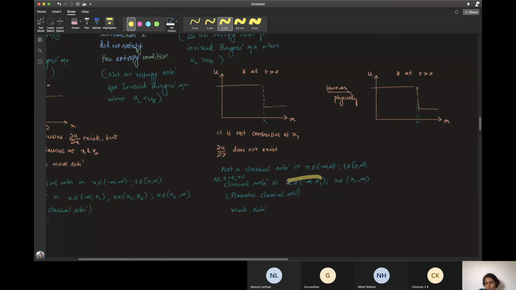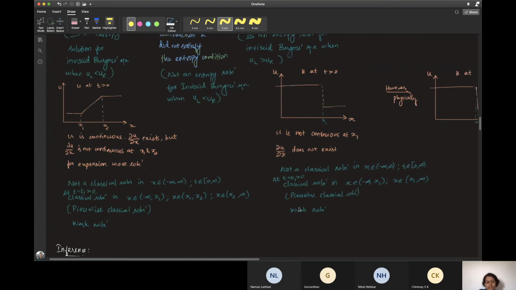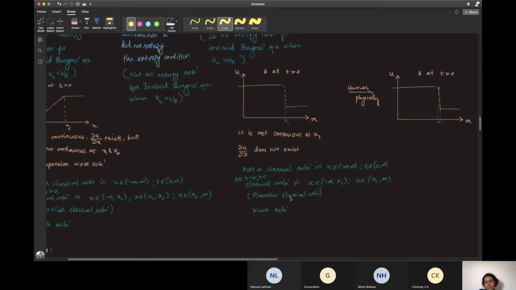That is, x belonging to minus infinity comma x1 and x belonging to x1 comma infinity. You split the domain into two parts, and in those two domains your u is continuous, dou u by dou x exists, and dou u by dou x is continuous. So it's a classical solution in the split up domains. So it's a piecewise classical solution again. Here again, you have a weak solution.